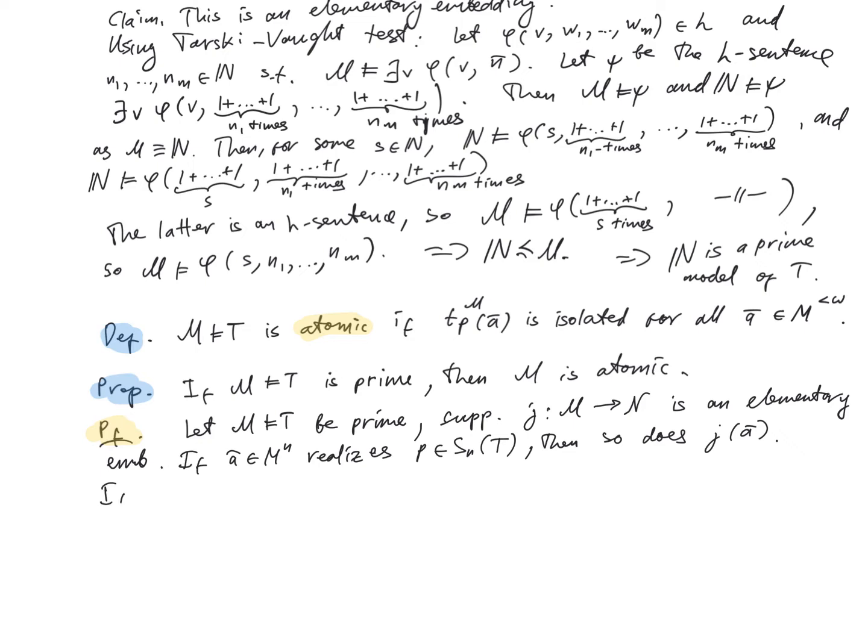But now, if p in S_n(T) is non-isolated, by the omitting types theorem, there exists some N, a model of T, such that N omits p.